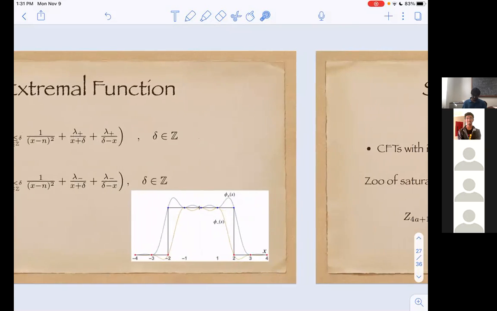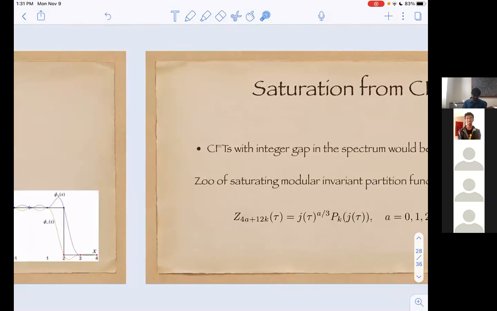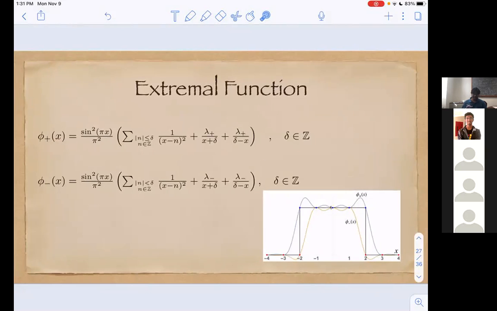Once all the dust settles, you arrive at the inequality I was writing before: the lower bound is twice delta minus 1 rho 0 delta, and the upper bound is twice delta plus 1 rho 0 delta.